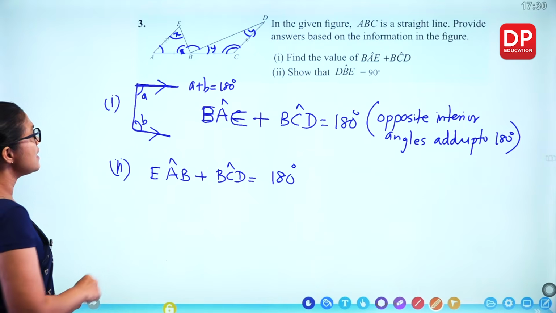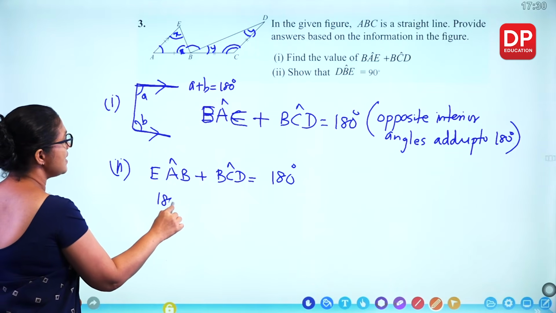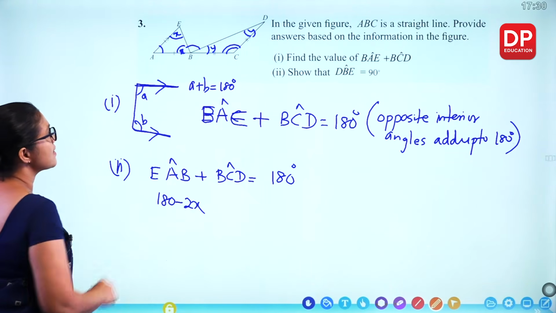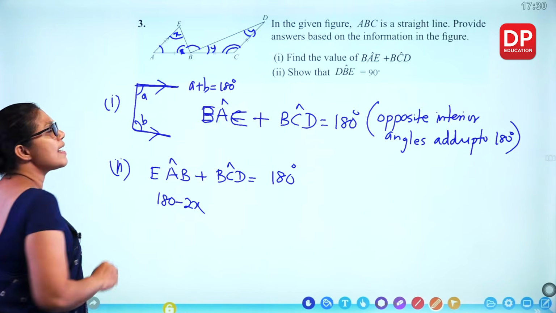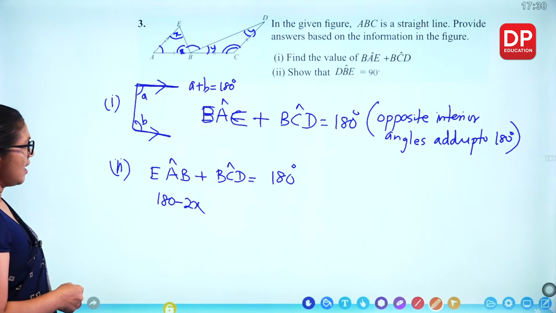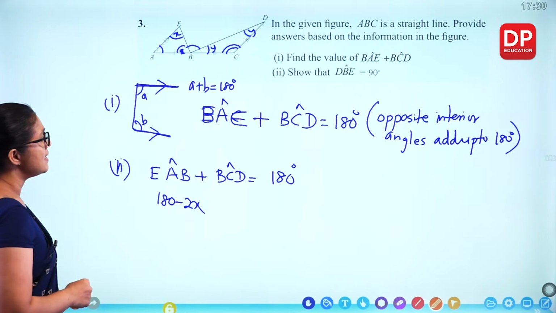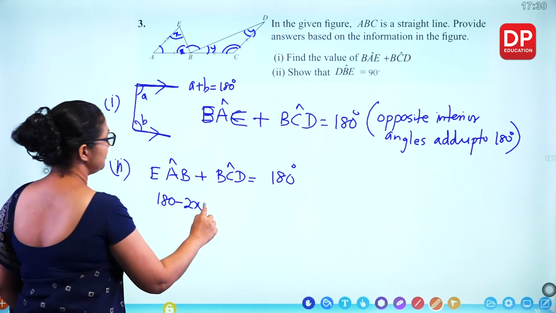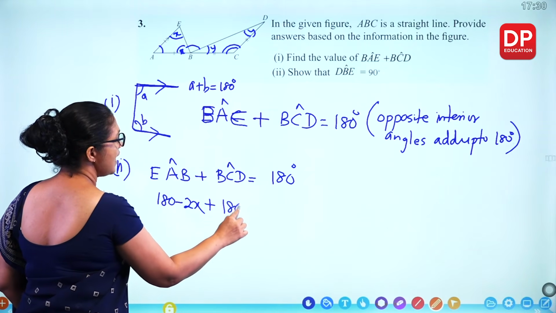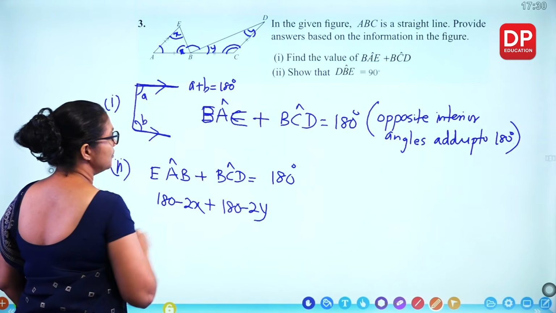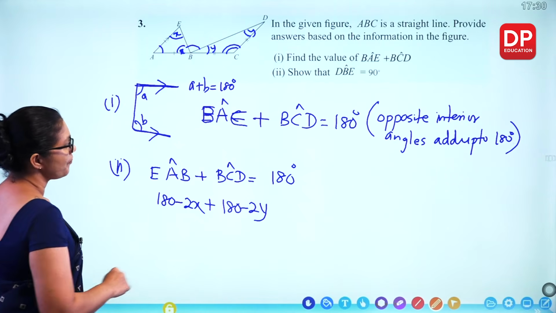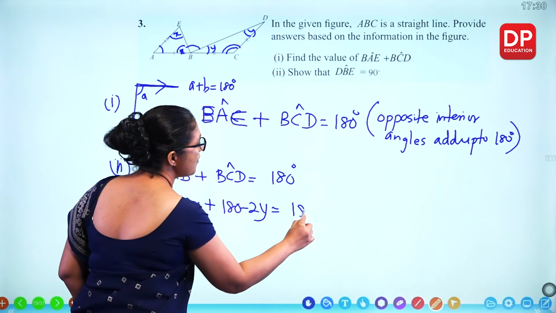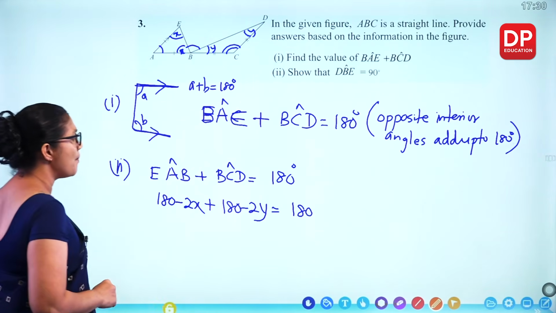I can write this one as 180 minus 2x because the sum of angles add up to 180. How can I write BCD in terms of y? I can write 180 minus 2y. So it's equal to 180 from the first part.